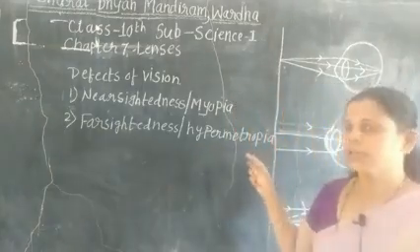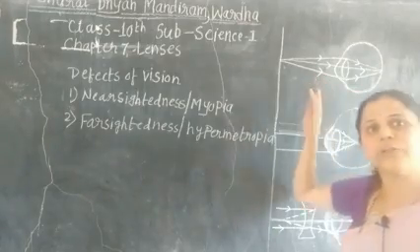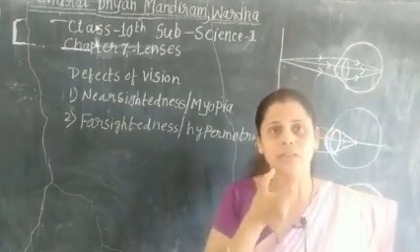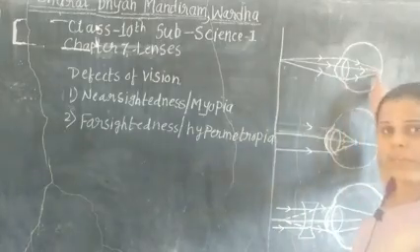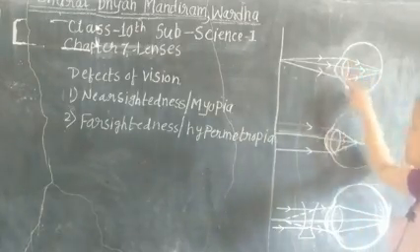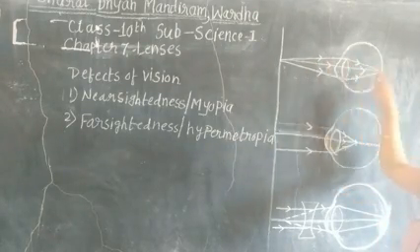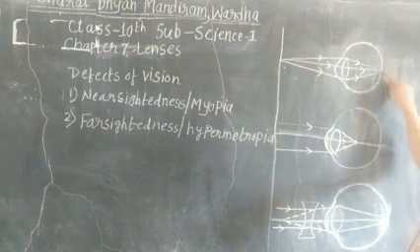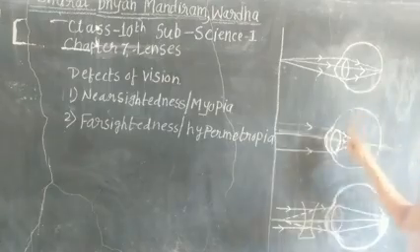In nearsightedness, the image of a distant object forms in front of the retina. Just see this picture. In a normal vision, the image formed by the convex lens, the refracted rays, forms on the retina.